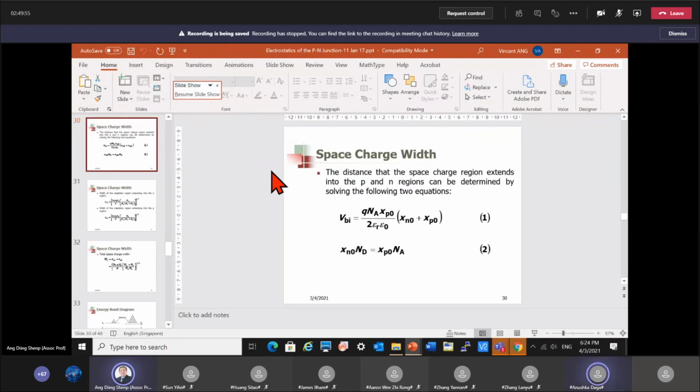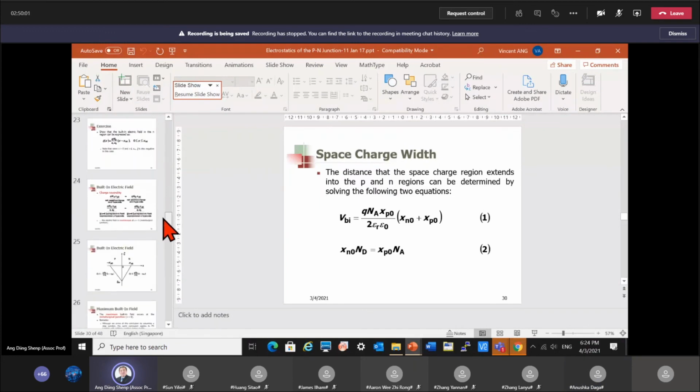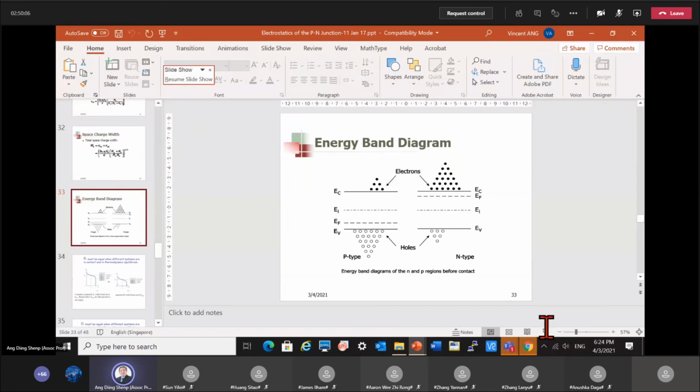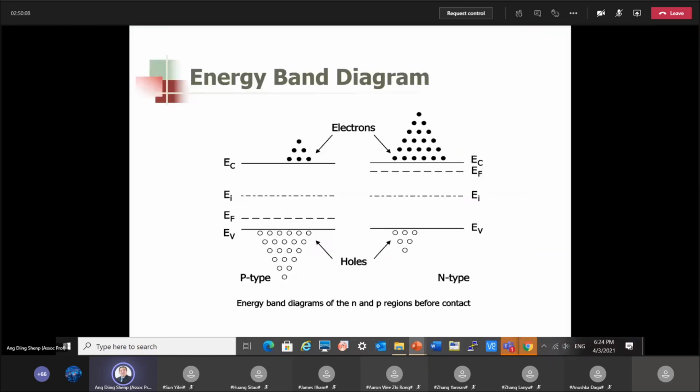Correct? So based on this fundamental equation, and also based on the fact that the energy band diagram that we draw, like for example this one, is actually drawn in terms of the potential energy of the electron, the energy levels that you see here, like EC, EV, all these so-called energy levels, are referring to the potential energy of the electron if an electron exists at this energy level.